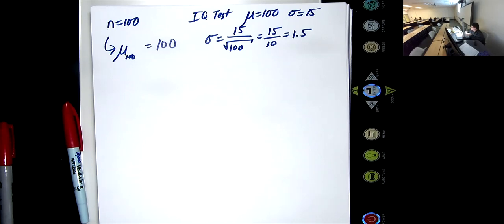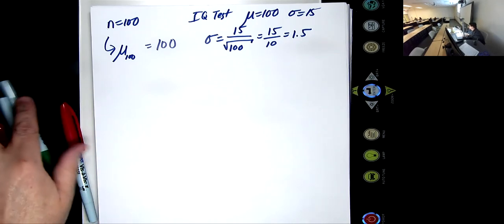So this leads to a theorem called the central limit theorem.